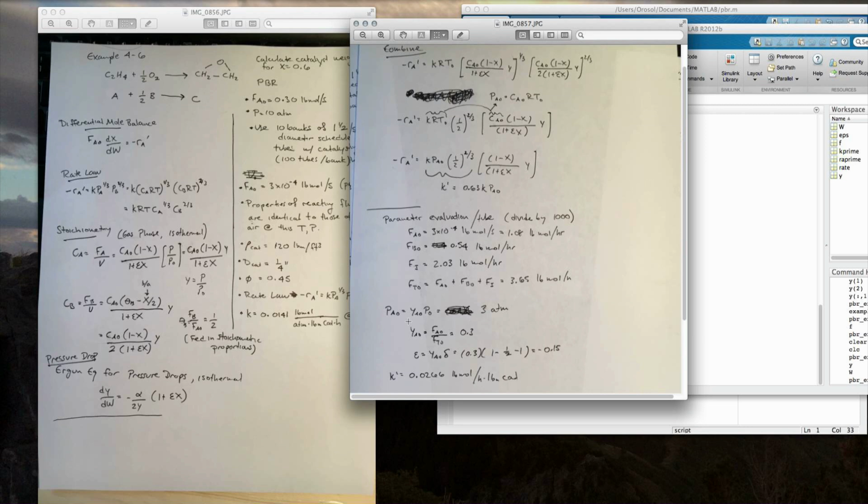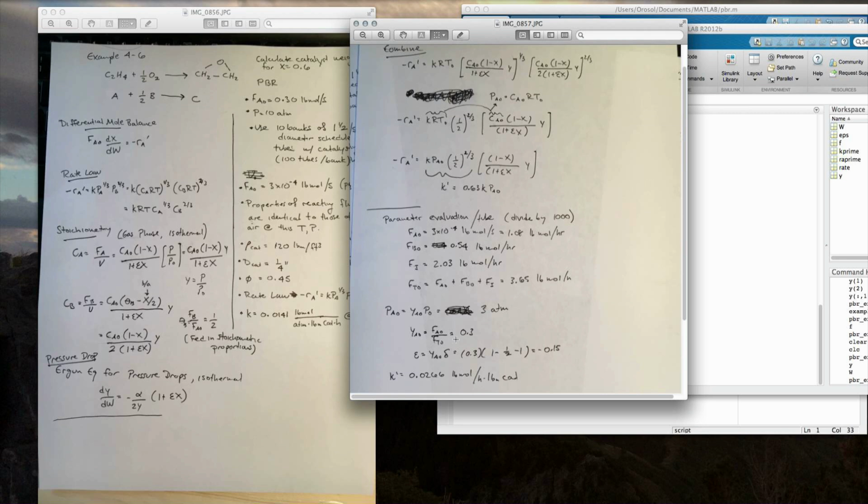And then we need to calculate PA naught because we have it here. PA naught is equal to YA naught, the mole fraction of A, multiplied by the total pressure. The mole fraction of A is 0.3, which is FA naught over FT naught.